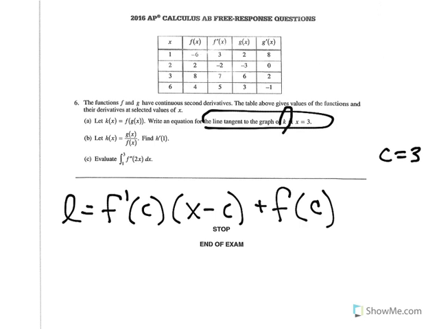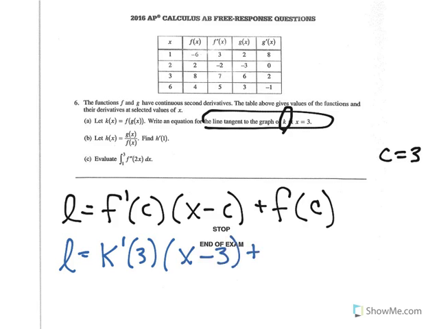So I know that this is really going to be for the graph of k. So instead of f in here, I'm going to rewrite it using k, and I'll fill the 3 in. L equals k prime of 3 times x minus 3 plus k of 3.